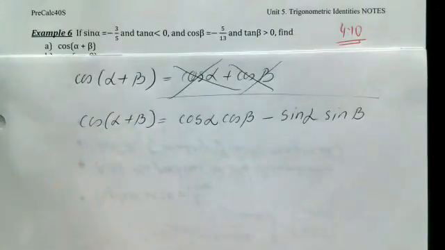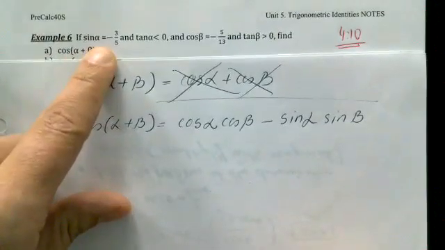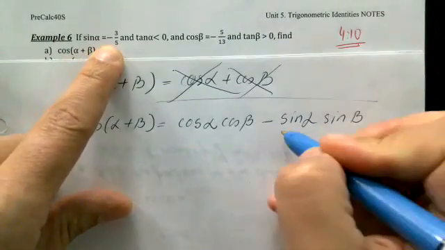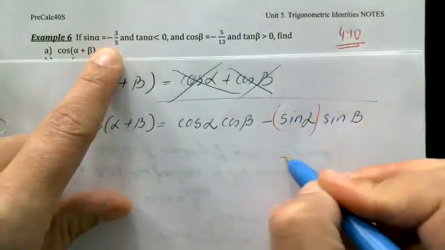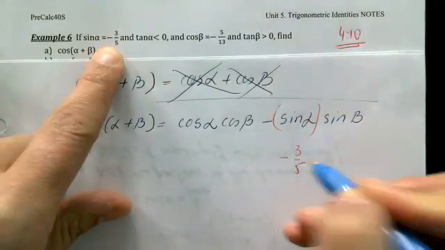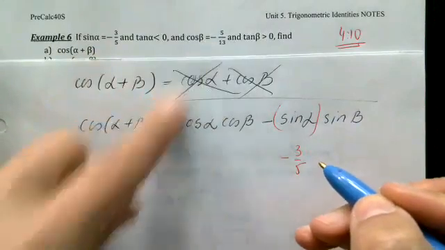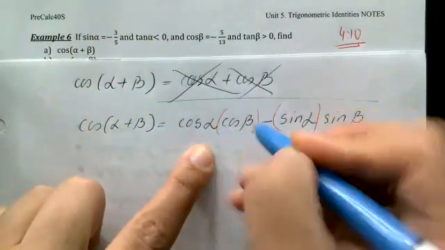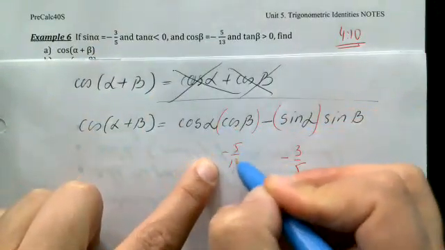And when I do so, we recognize that I know what sine of alpha is. Sine of alpha, I have it as -3/5. And I know what cosine of beta is. This one here is -5/13.